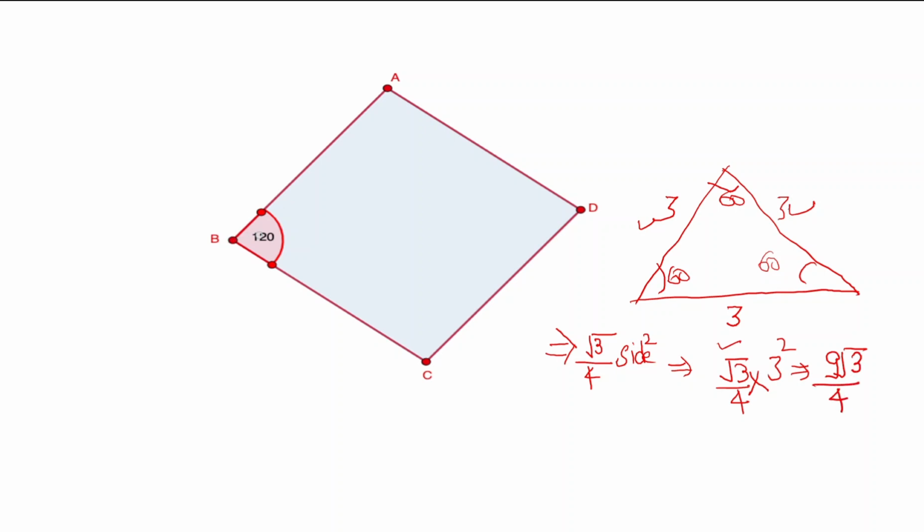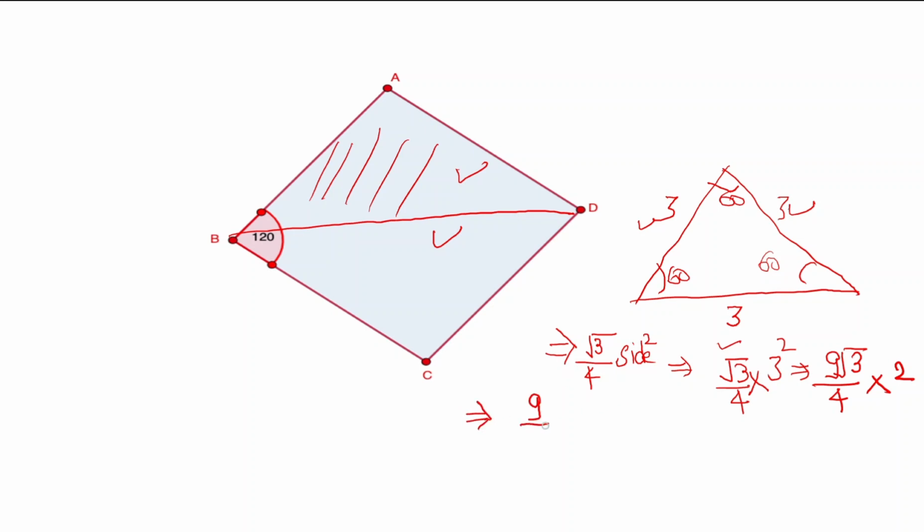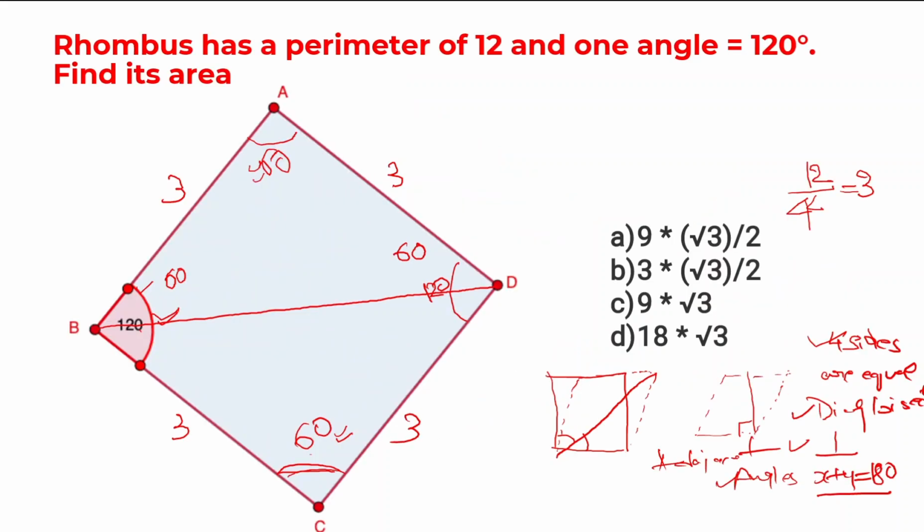Now this is the upper area, and I need to find out the whole. This would be symmetrical, so the whole is twice this area. If I multiply it by 2, the whole area of this rhombus is 9 by 2 root 3. Let's check if this is in the solution. Okay, yeah, we got the solution.